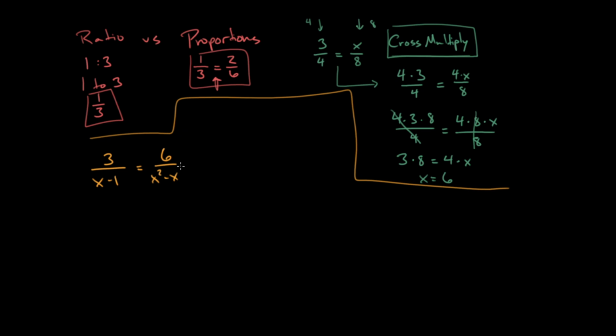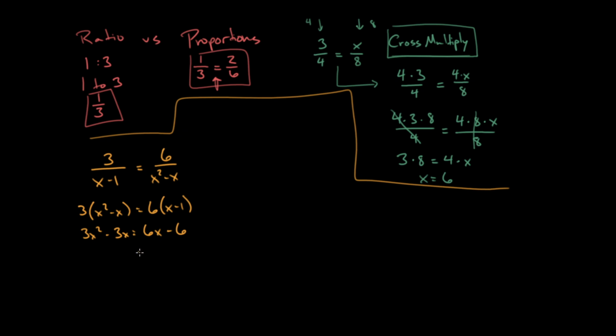So to solve this, what I'm going to do is apply my cross multiplication here. And so what I will get is that 3 times x squared minus x will be equal to 6 times x minus 1. When I multiply all this out, I will get 3x squared minus 3x is equal to 6x minus 6.